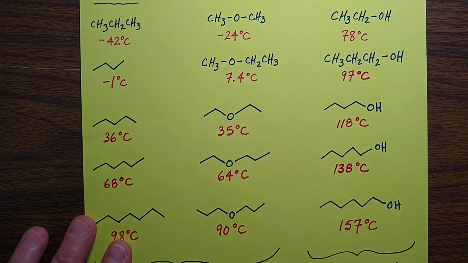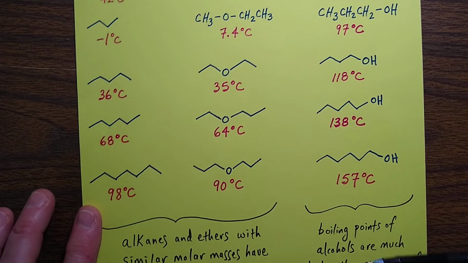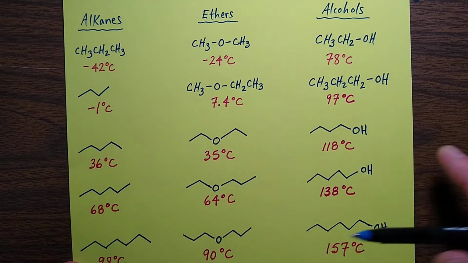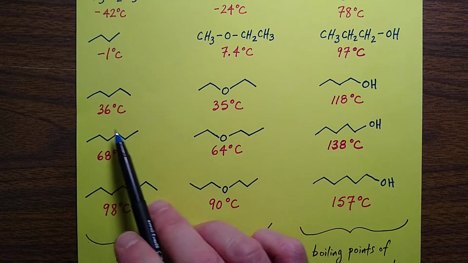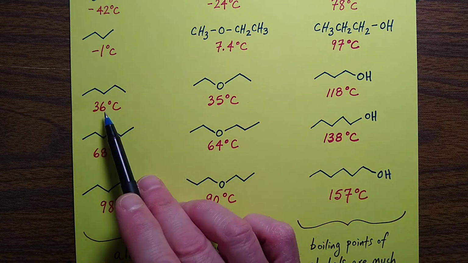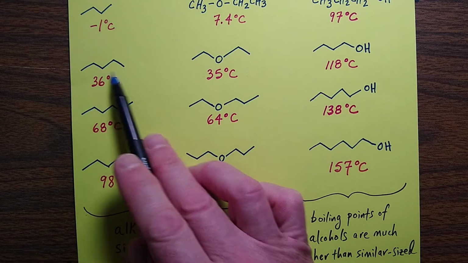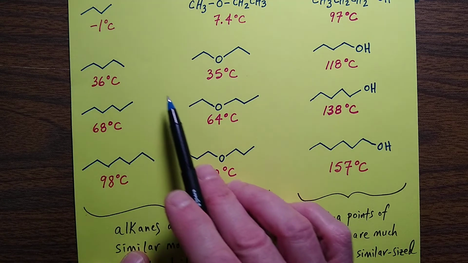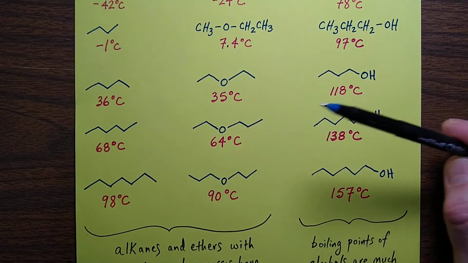This also applies to the melting points. It's just easier to talk about boiling points, I think, because liquids to gases is easy to understand. But if you go down to propane, for instance, at some point the alkanes and the ethers generally have the same boiling point for similarly sized molecules.